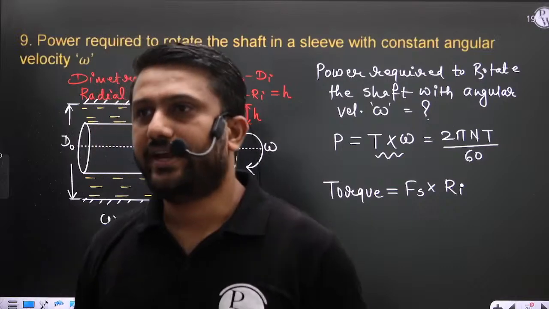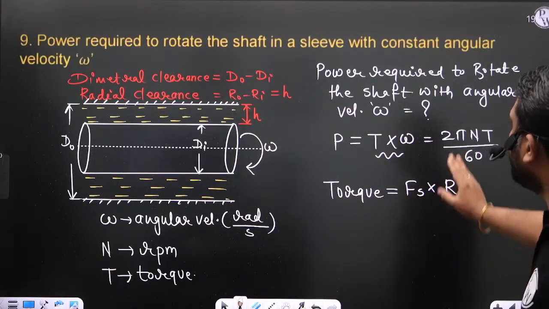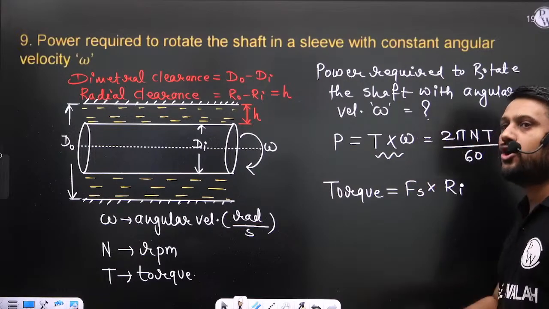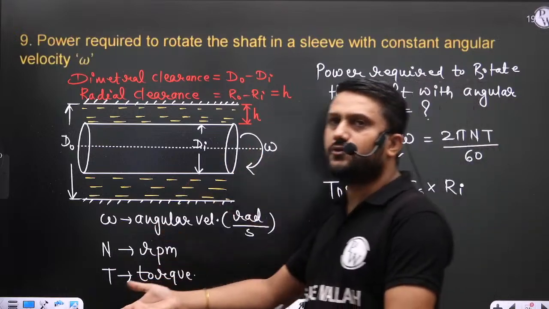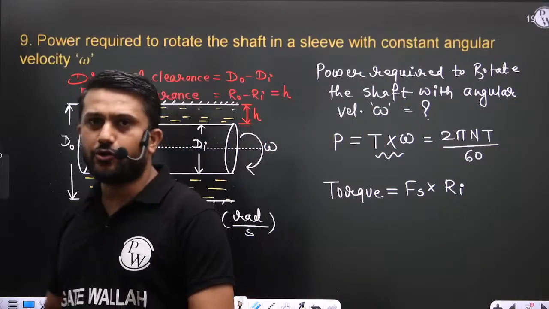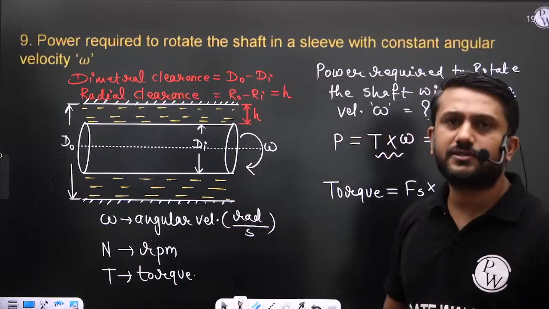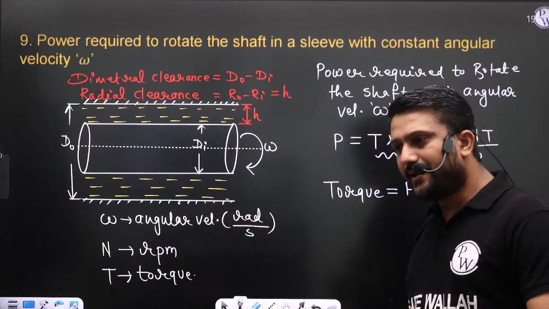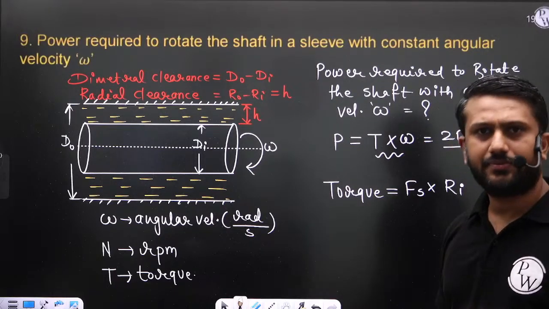Yes, very good. So we can write now, force multiplied by the radial distance. The force is the shear force, or viscous force. Shear force is nothing but viscous force, resistance force, friction force, all the same.